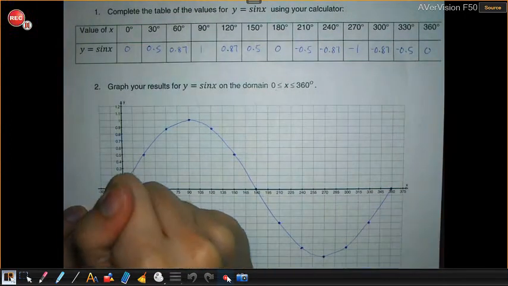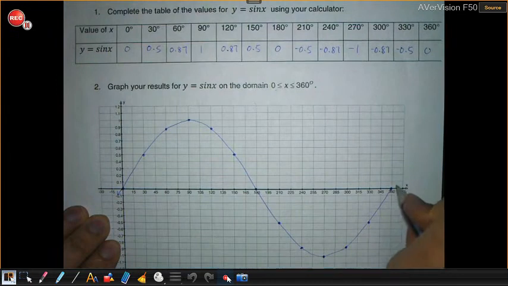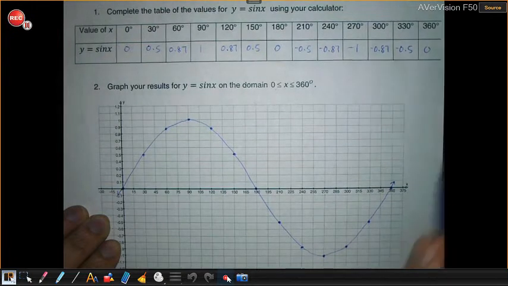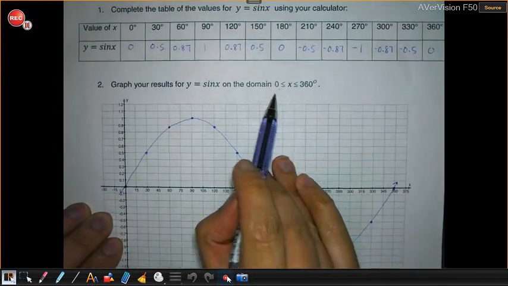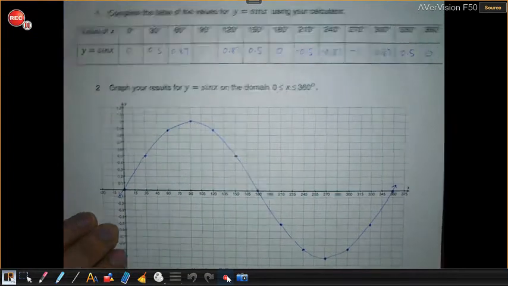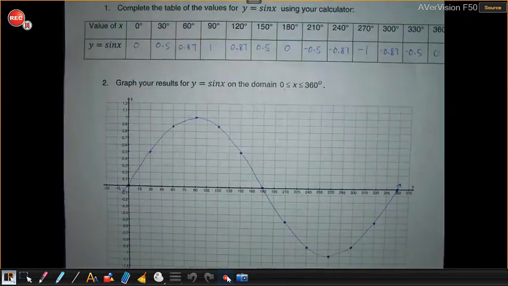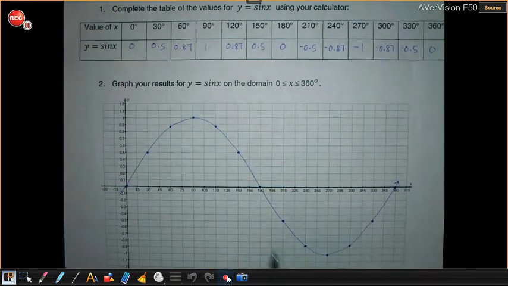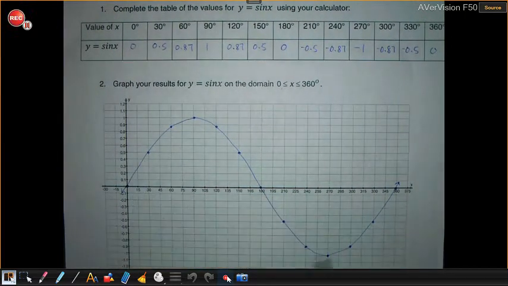And it's going to keep going on both ends, but we're just going to stop here because we're only graphing it at a domain of 0 to 360 degrees. Right, and that's your basic sine curve. And this is one full cycle or one complete pattern of the periodic function.